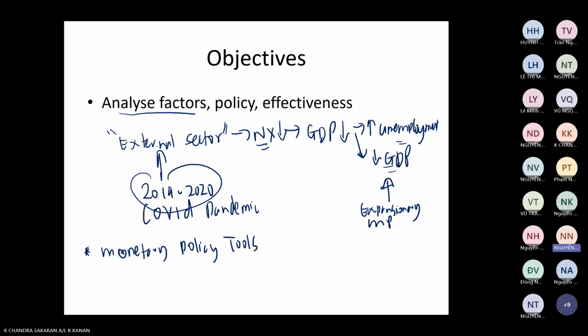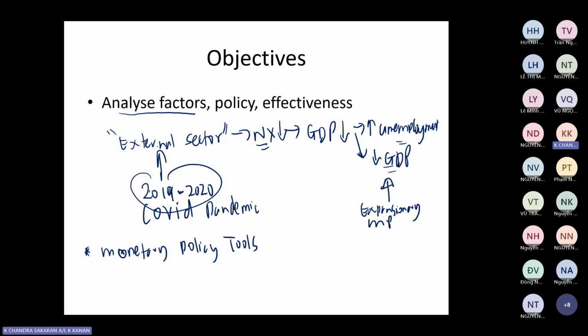Teacher, can you repeat, please? Okay, so for example, I take Malaysia because I'm focusing on Malaysia. Malaysia depends on the external sector very highly because it's quite an open economy. During this time frame, 2019 to 2020, we have this problem called COVID, correct?